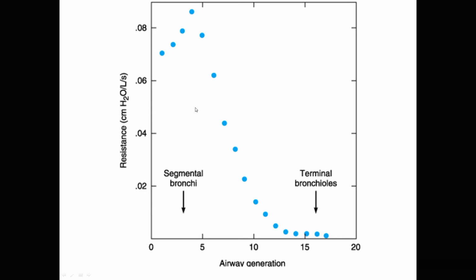In contrast, the resistance is greater in big airways and decreases, being lowest in the terminal bronchioles because of their big total area. So we may conclude that any disorder affecting the terminal bronchioles may increase significantly the resistance in the respiratory system.